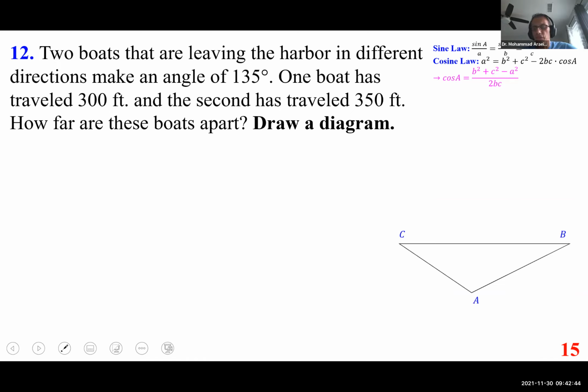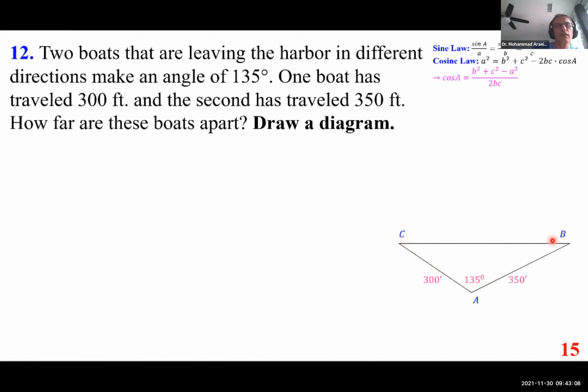So they start from some point A, and they make a 135-degree angle. One is going about 300 feet, whereas the other one 350 feet, and we want to know the distance between the 2 points.